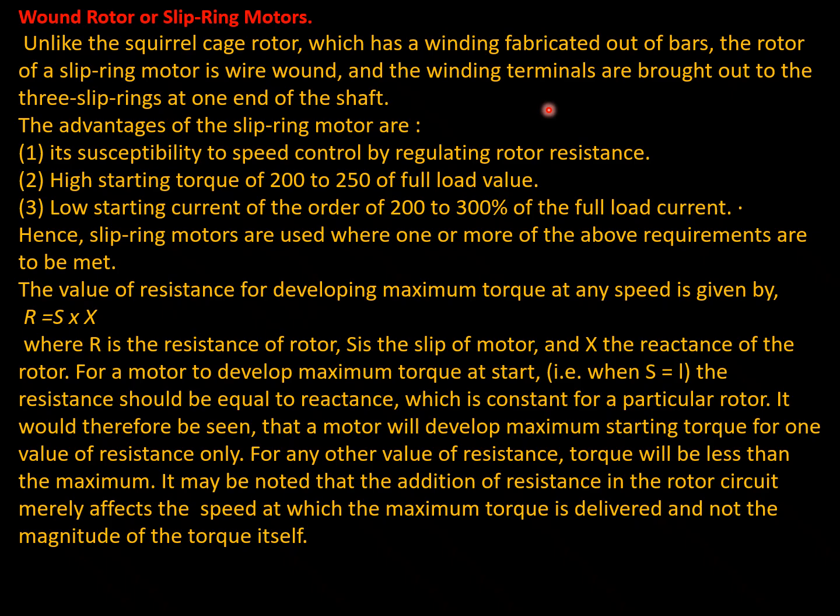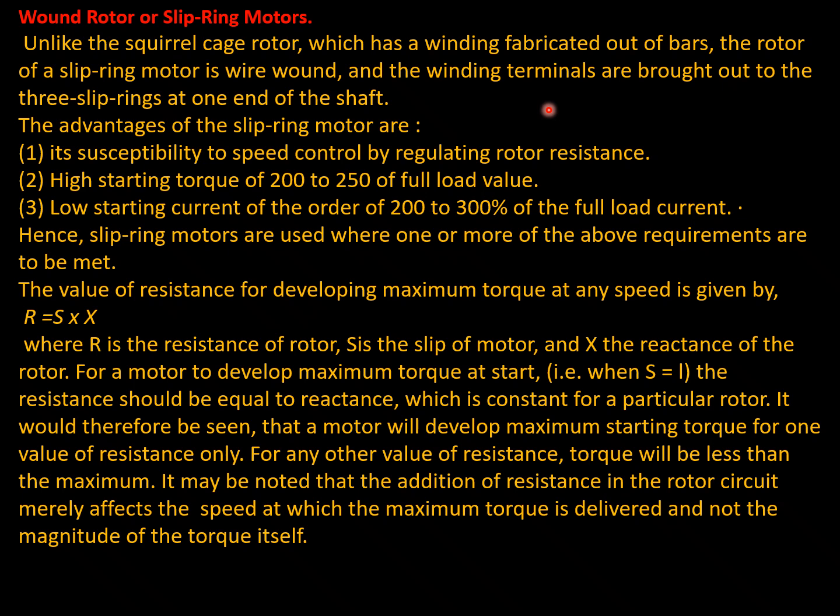The value of resistance for developing maximum torque at any speed is given by the equation R equal to S multiplied by X, where R is the resistance of rotor and S is the slip of motor and X is the reactance of the rotor. For a motor to develop maximum torque at the start, that is when S is equal to 1, the resistance should be equal to reactance, which is constant for a particular rotor.